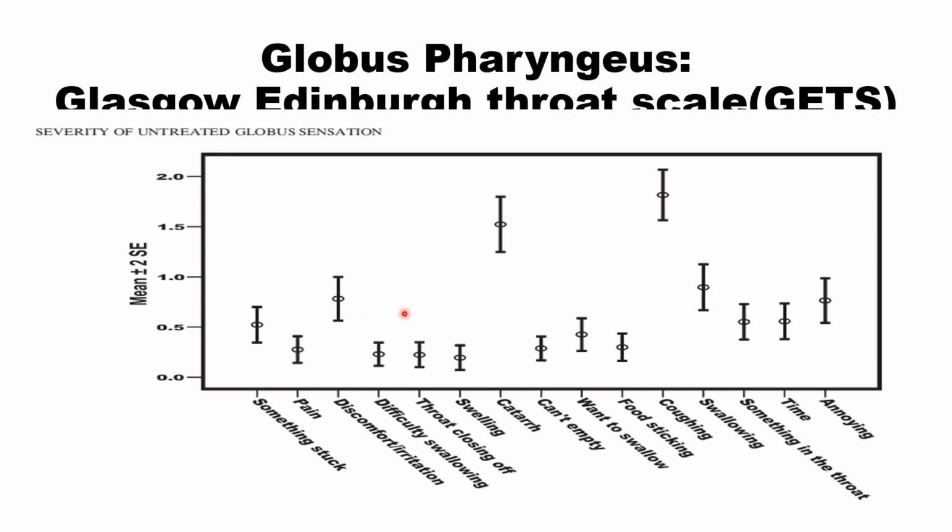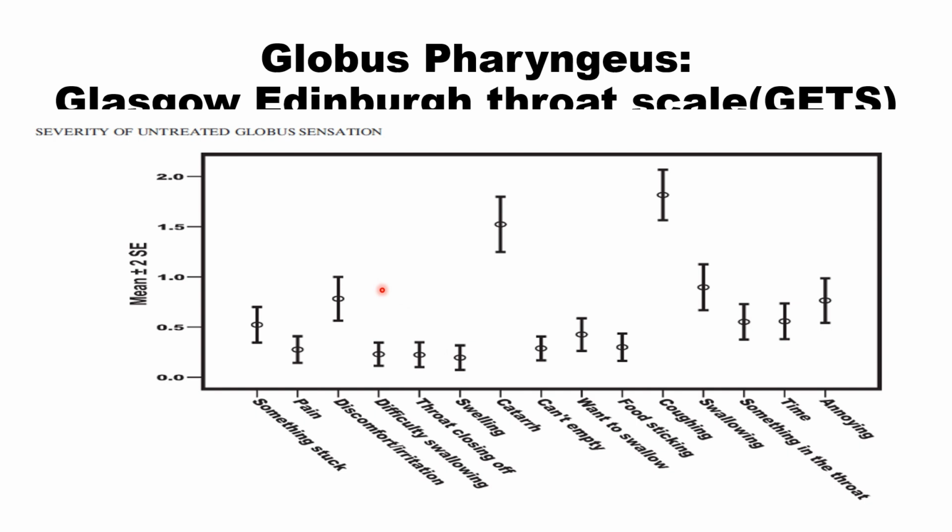And it shows an emerging pattern in the average patient who presents with globus sensation only. Some symptoms are scored highly and others are scored quite low. And both the high and the low symptoms are of help in identifying and following up globus patients.